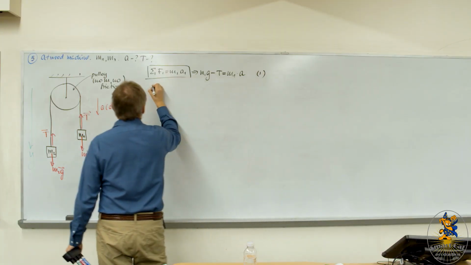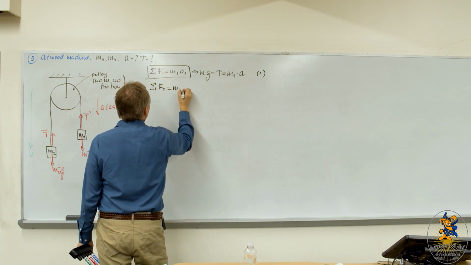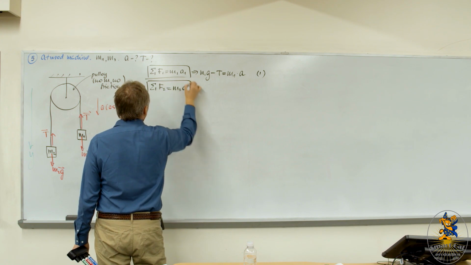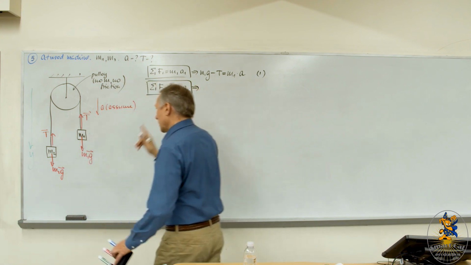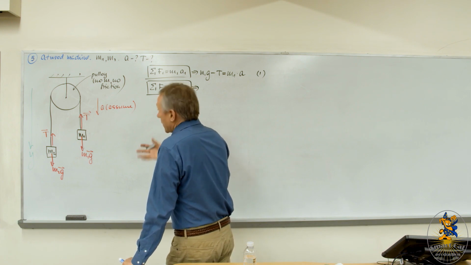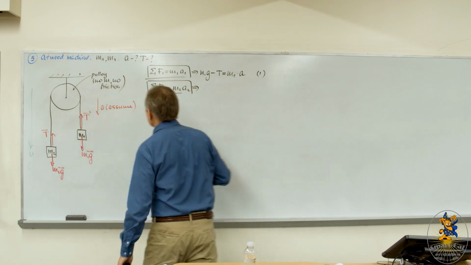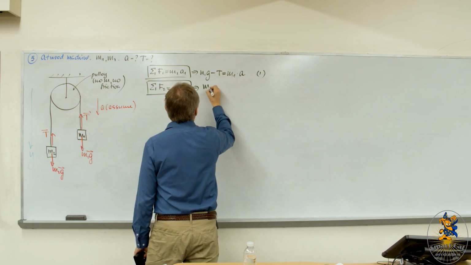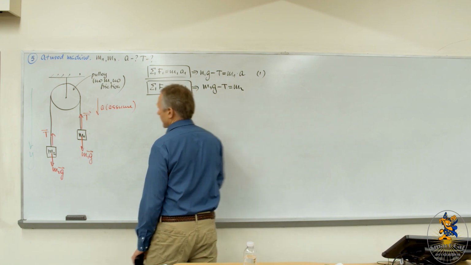So now the second: the sum of the forces acting on the second object. So what will it be now? Still the same, m2g is positive and this is negative, right? So it will be m2g minus T equals m2.